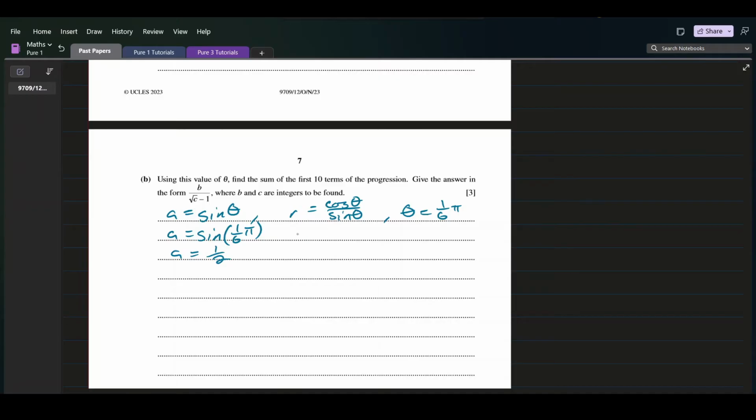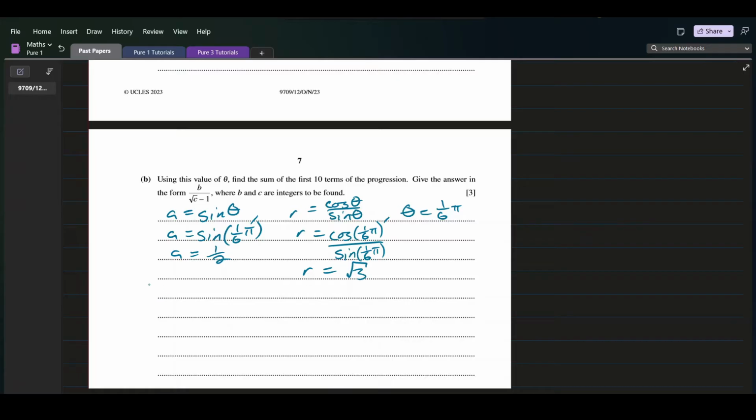And then r is equal to cos of 1/6 pi over sine of 1/6 pi, and if we simplify this, that gives us root 3.